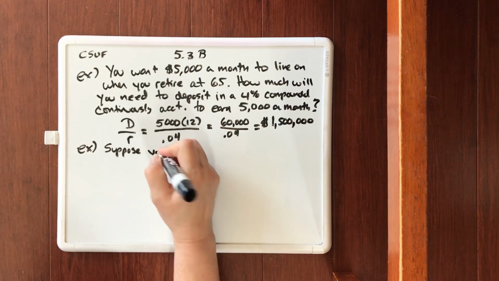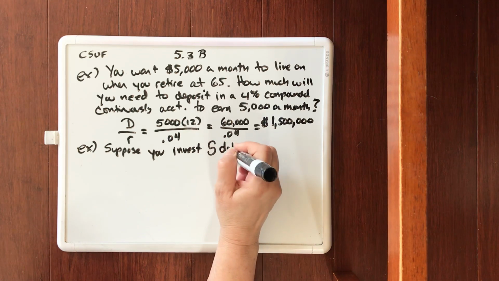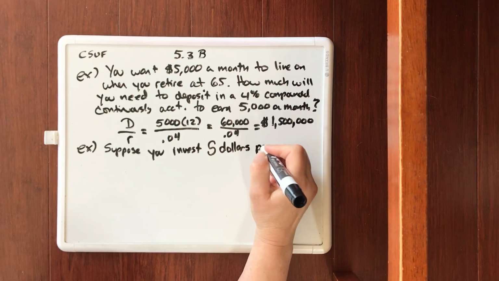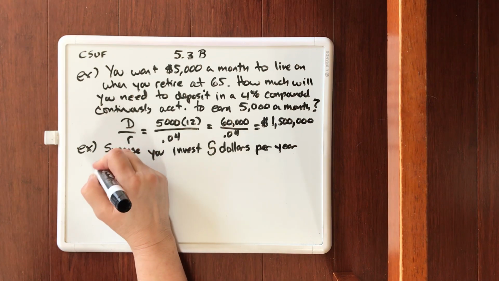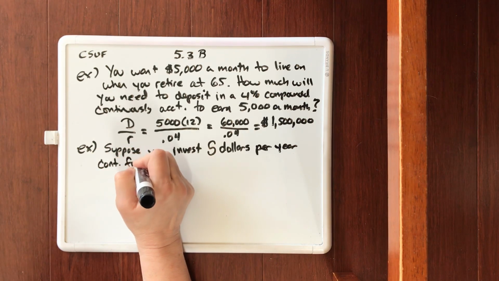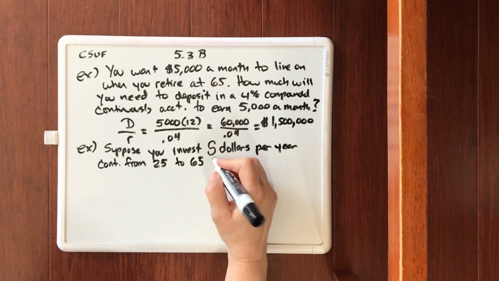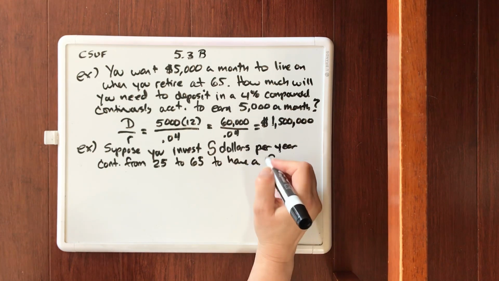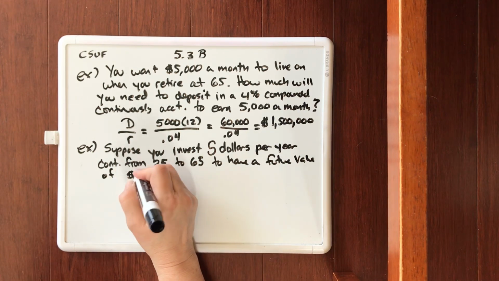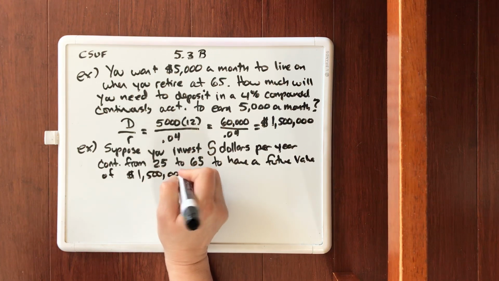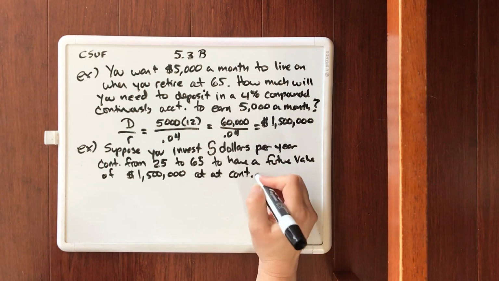Suppose you invest S, this is an S, dollars per year continuously from 25, so I'm going to say continuously from 25 years old to 65 years old, to have a future value of $1,500,000 at a continuous rate of 6%.